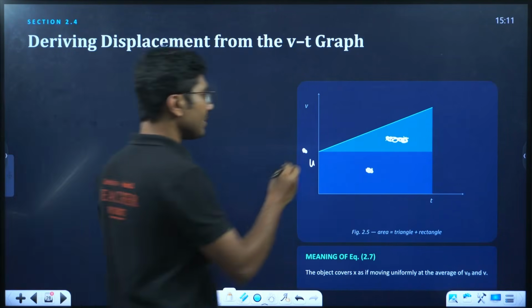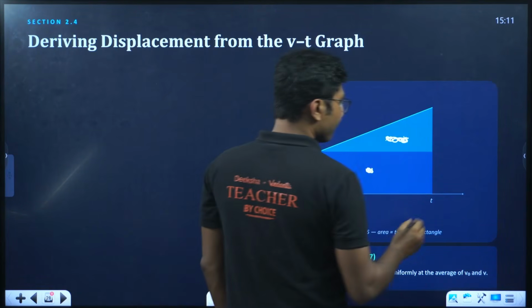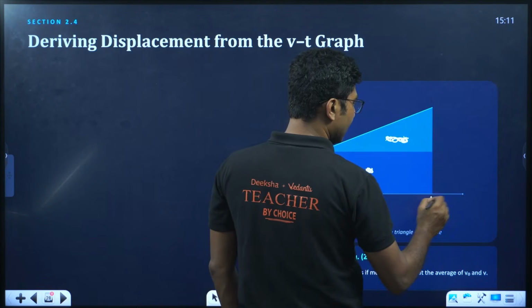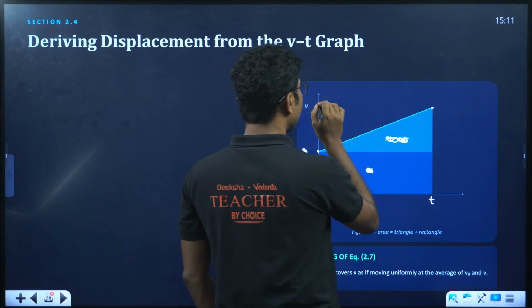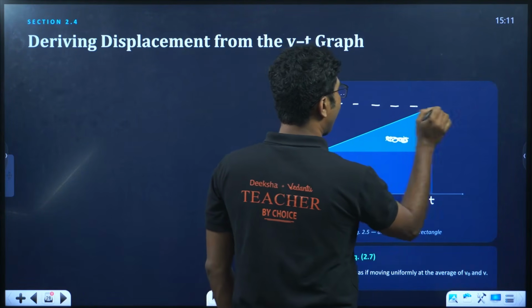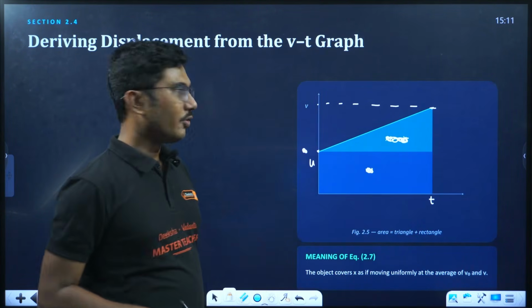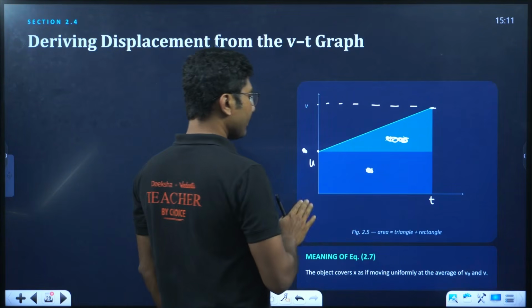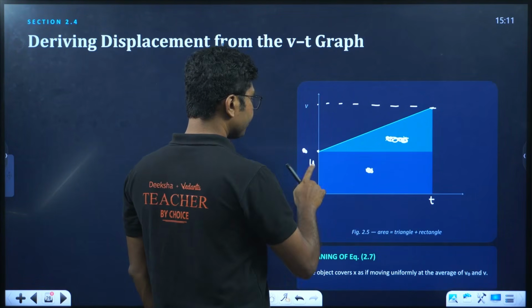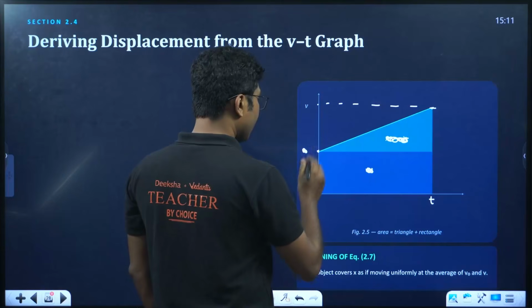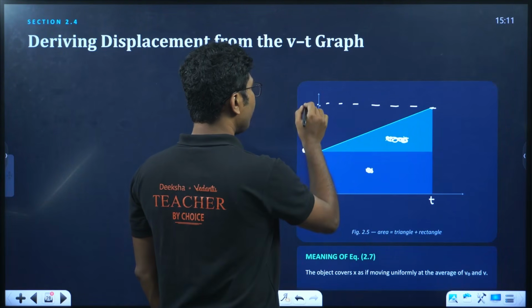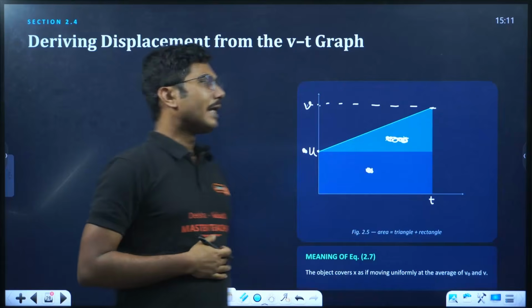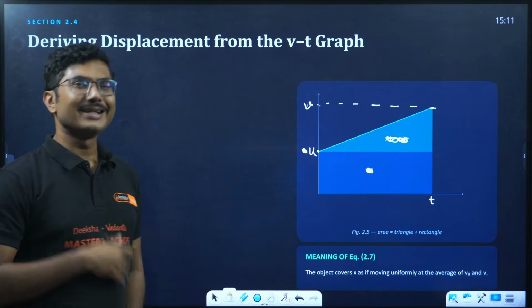This is the initial velocity u. After some time t, the object has achieved a final velocity v. Initially it started with the value of u, and after some time it reaches a value v. Now we are trying to find the displacement.